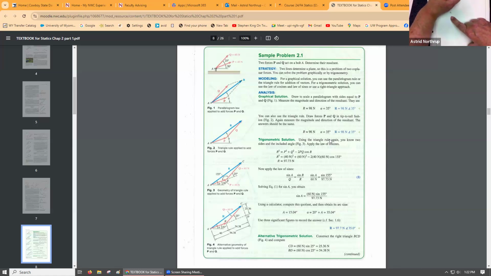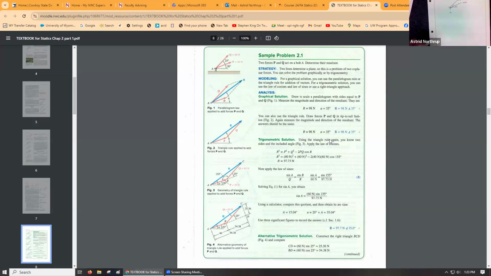We're told that vector Q has a magnitude of 60 newtons, and if you take a look at the trig, you'll see that it's 25 plus 20, or 45 degrees from the horizontal. We then have vector P, which has a magnitude of 40 newtons and acts 20 degrees from the horizontal.